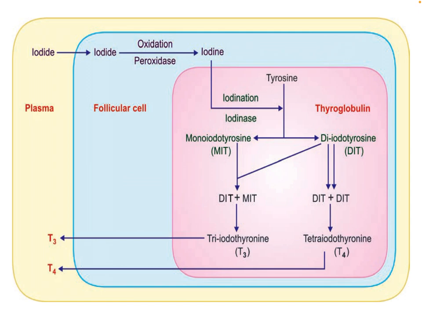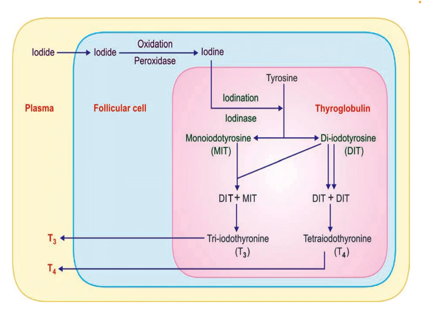The third step is oxidation of iodide. In this step, the iodide must be oxidized to elementary iodine because only iodine is capable of combining with tyrosine to form thyroid hormone. The oxidation of iodide into iodine occurs inside the follicular cells in the presence of thyroid peroxidase.